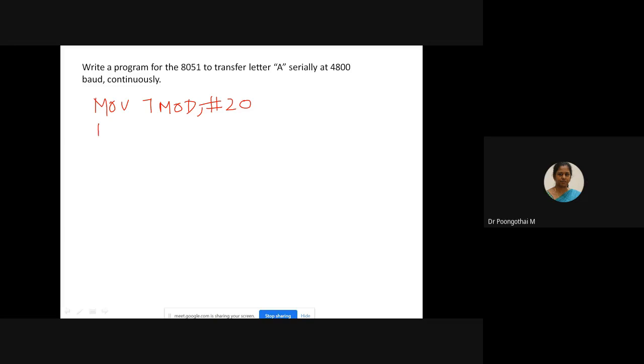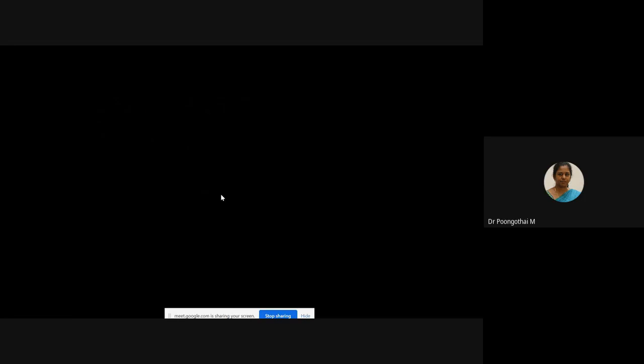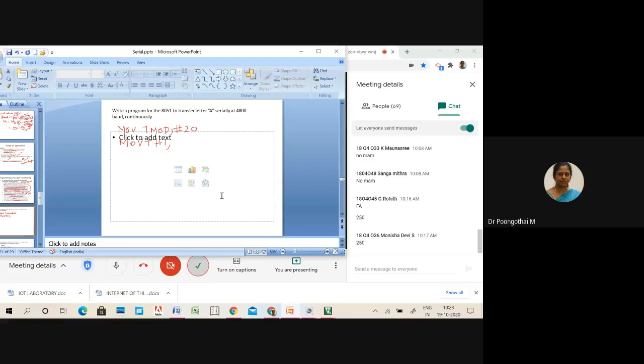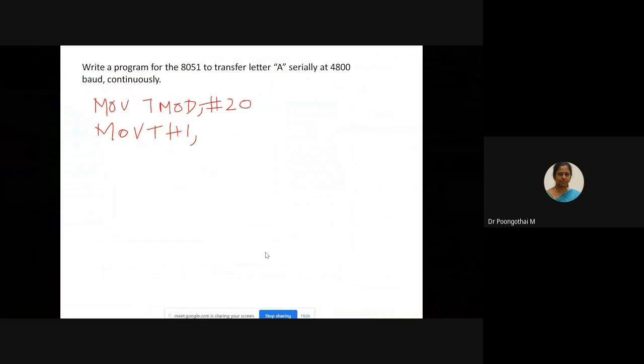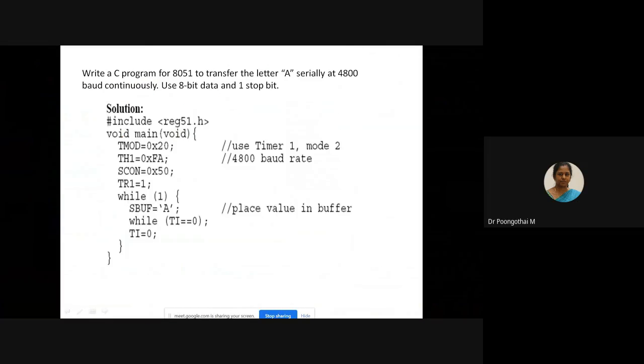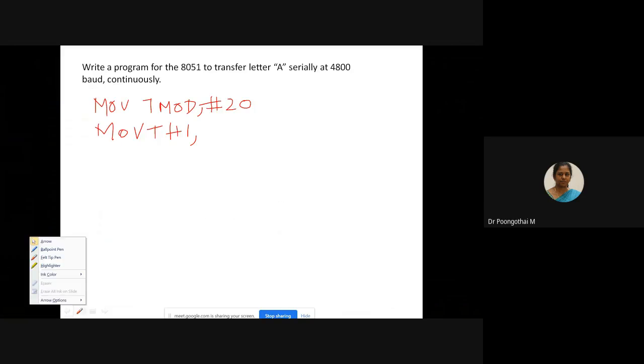And next, the TH1 value. What is the TH1 value for 4800 baud rate? Please tell me. So what is the TH1 value? -6 or FA. Very good. FA. #FA.